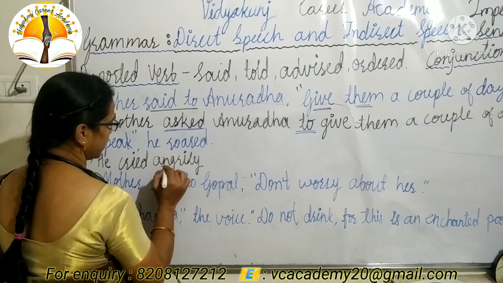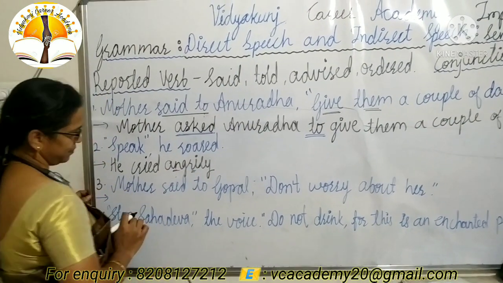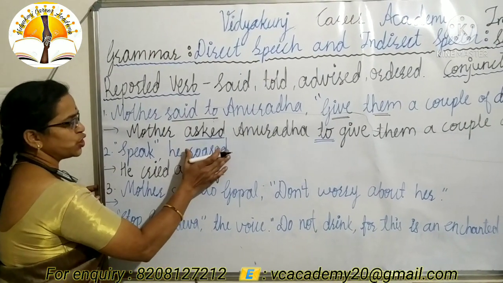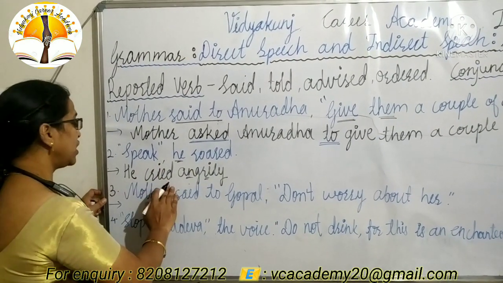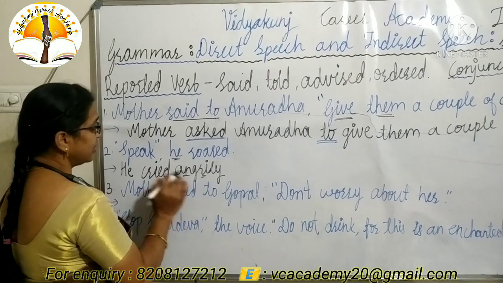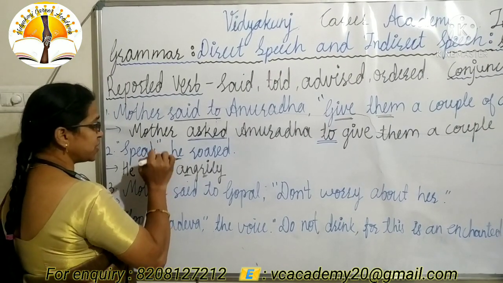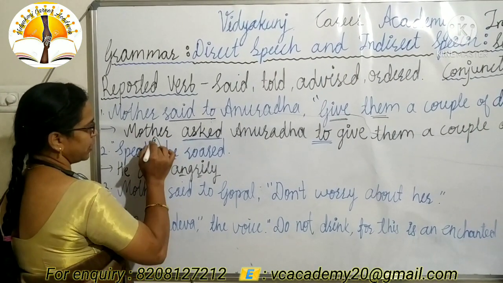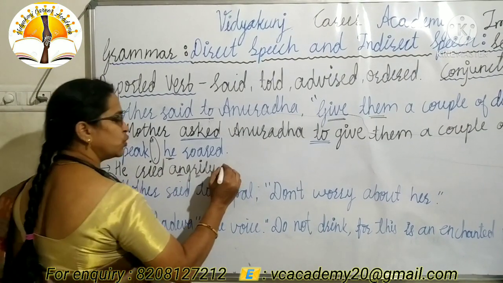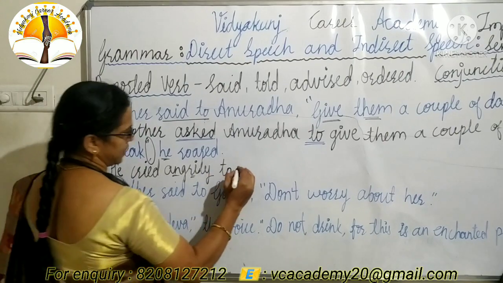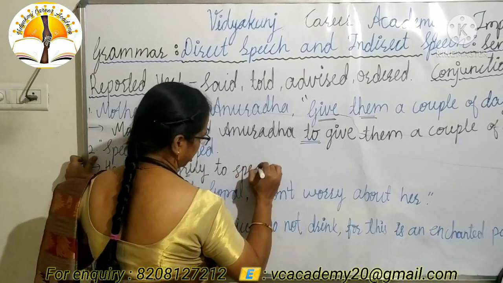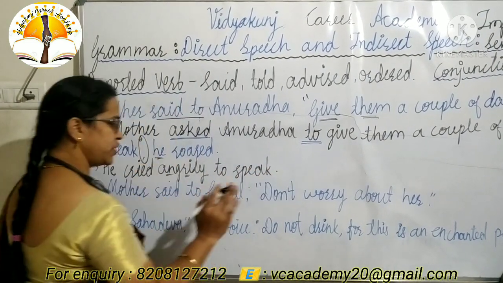Look here. Angrily is an adverb, but it expresses the emotion of this subject. Now he cried angrily. Then I have to use a conjunction to remove this. Then what should I write here? To only. To speak, as it is I have to write. After that, full stop. Finish.